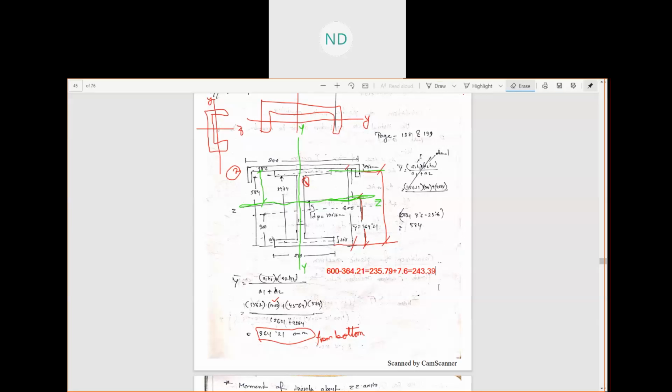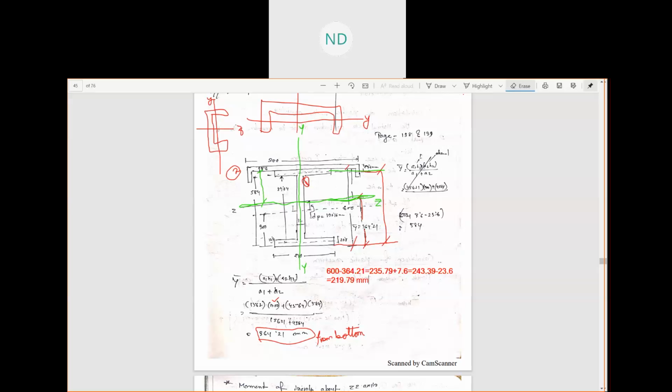So from this entire 243.39, minus the CG of the channel section 23.6, we will get our distance between these two: the z-axis of the entire built-up member and the z-axis of the channel section. That is 219.79.